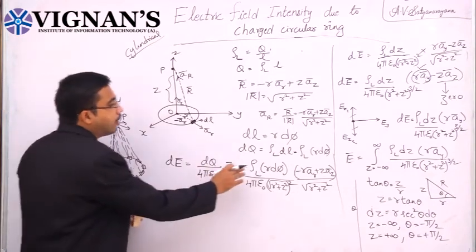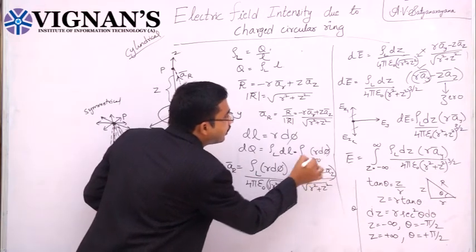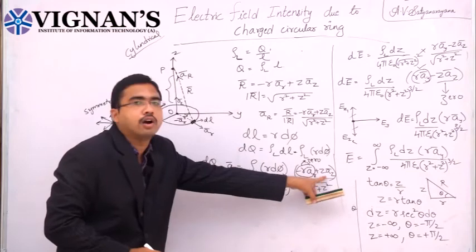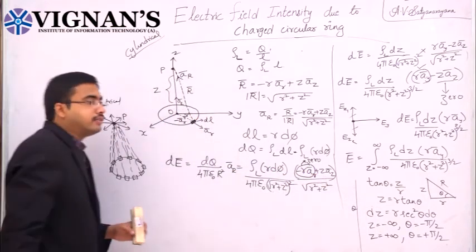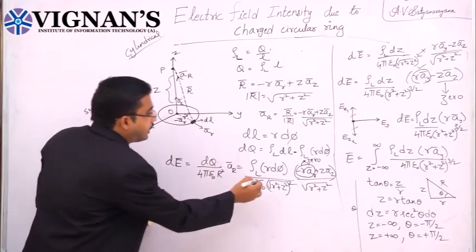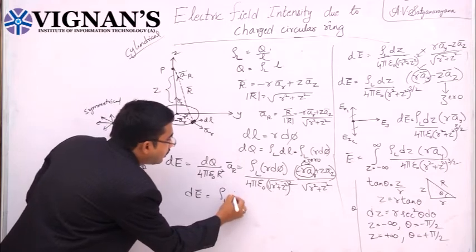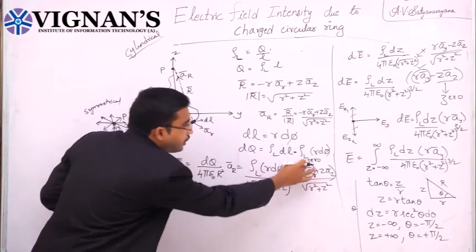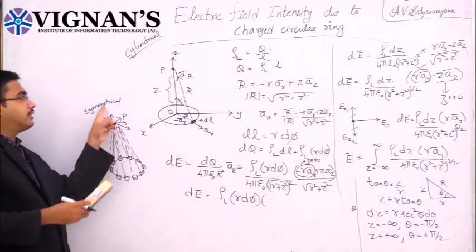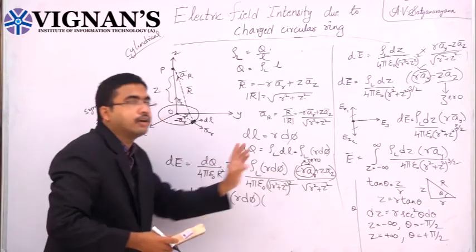The R components will become 0 and you will have only Z components. Due to this concept, if you take that, the simplified expression will be rho L into R d phi, and you can neglect this because the radial components are symmetrical and get cancelled, and that component will become 0.